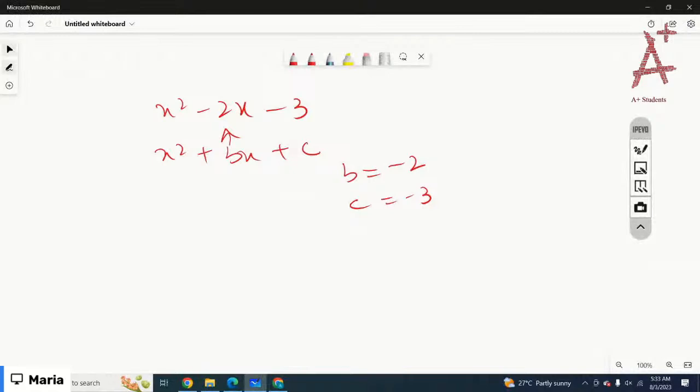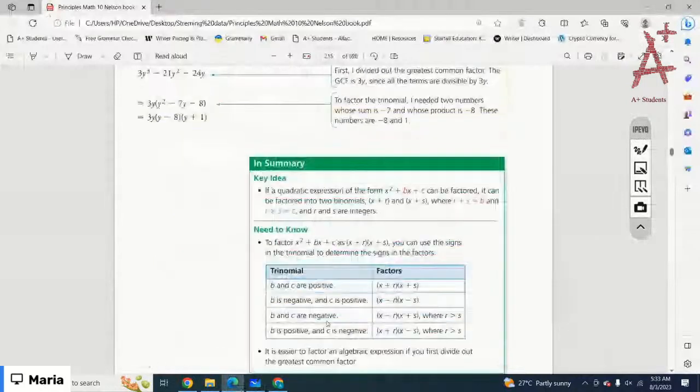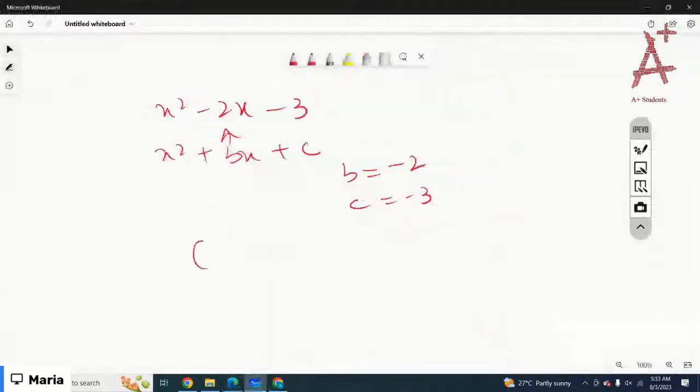When b and c are negative, here in the table I am trying to explain this point, you can see r is negative. The factors are x minus r and x plus s, right?